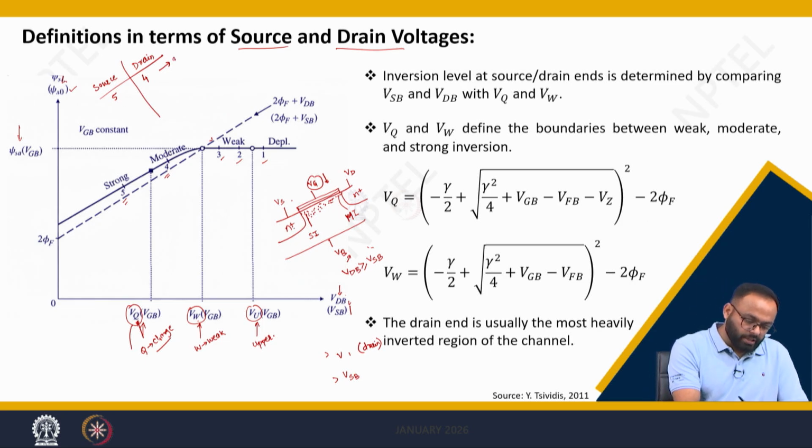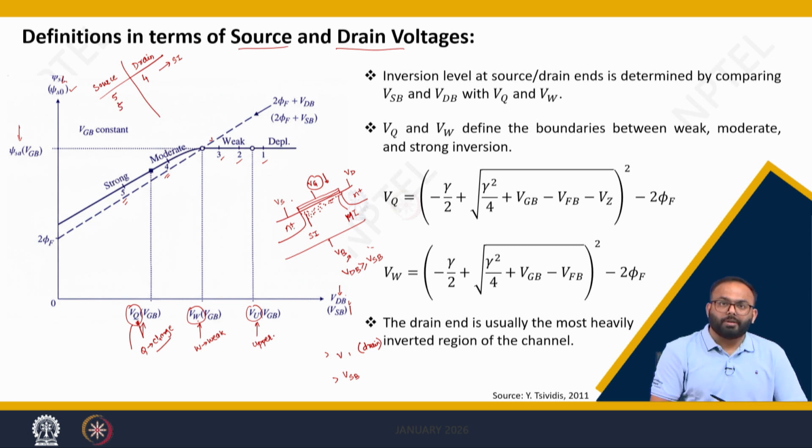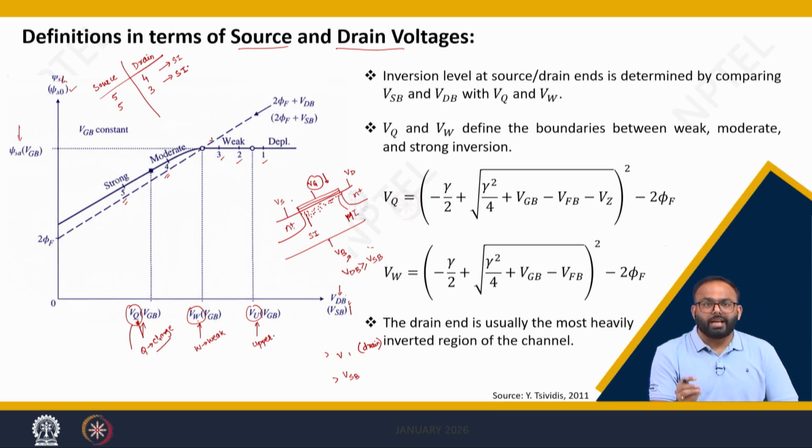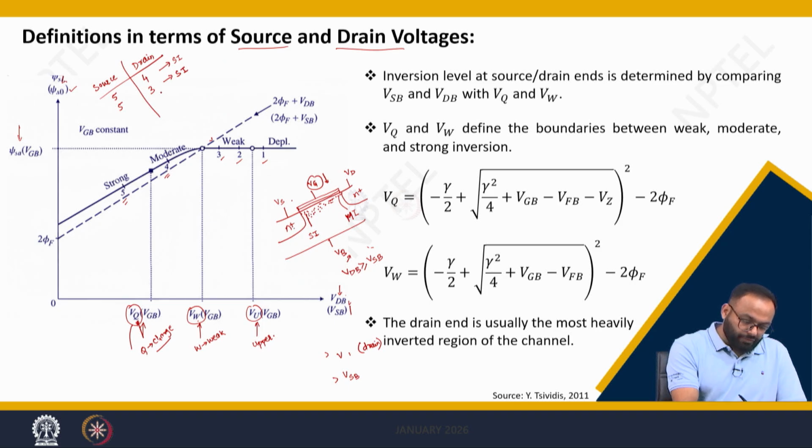So you can say you are in strong inversion. Consider your source is at 0.5 and drain is at 0.3. You are still in strong inversion. It doesn't matter that the drain is at weak inversion or moderate inversion. The same will be true if the drain is at 1, you are in strong inversion.